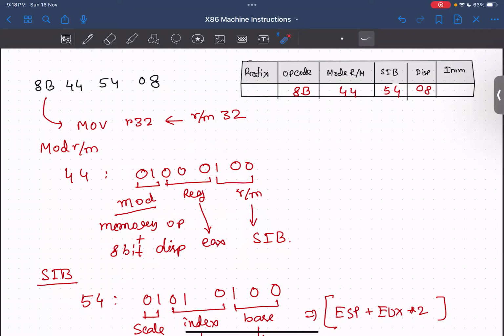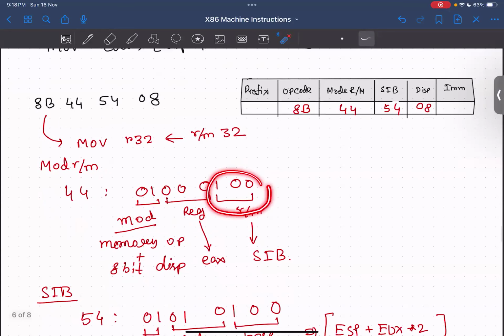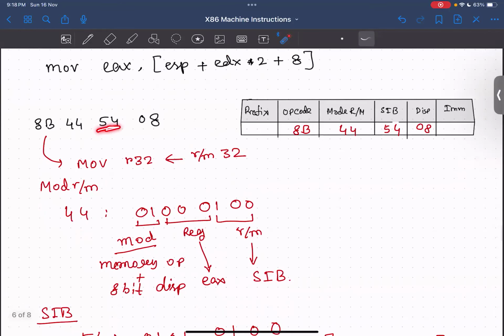So we already know the first two bits are the mod configuration, and 01 means we have a memory operand with 8-bit displacement. From the reg configuration, we know that our destination register is EAX and our source is 100, which is our special case, that is SIB. So we know we have a SIB, so the next byte goes to SIB and then the next goes to displacement.